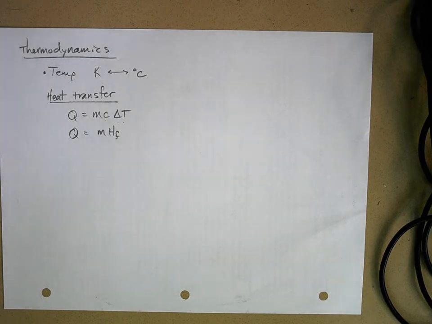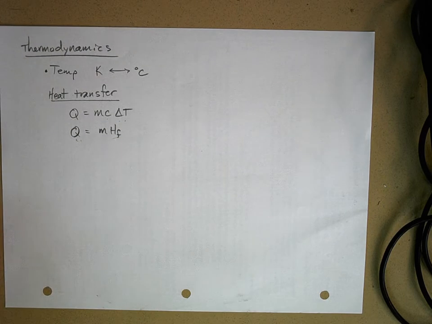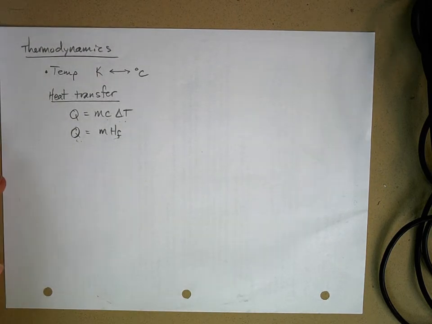If you want to freeze ice cubes in your freezer, you have to extract thermal energy from the water so that it will freeze. Or if you take those ice cubes out once they're frozen and put them in your drink, they absorb heat until it's all melted. And so this allows you to figure out how much energy it will take to do that.